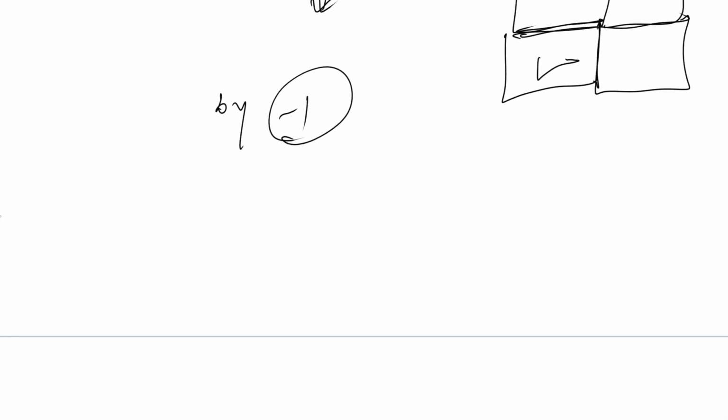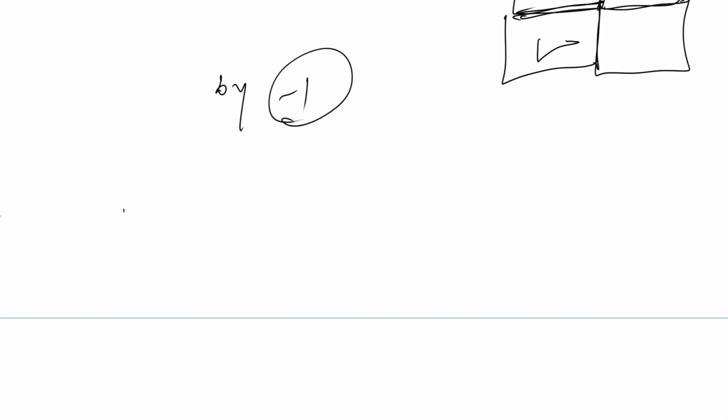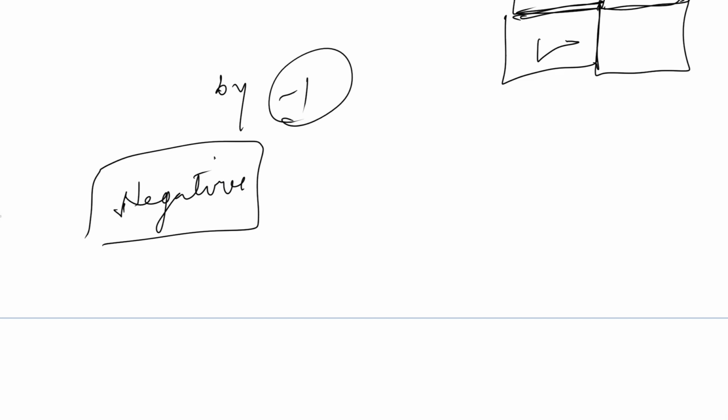So can I say that if we multiply the cell, let's suppose the element we have is negative. If the element is already negative, it will become positive. Can we say that?